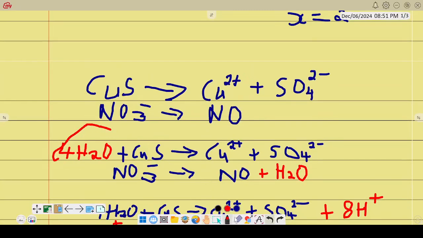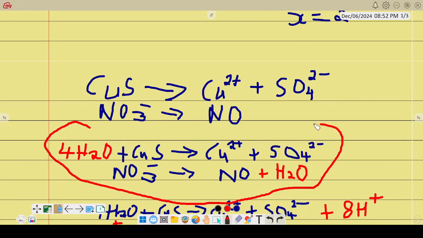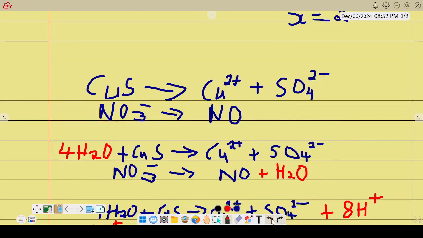So on this part, here we had 3 oxygens, and then here we had 1. So we have 3 and 1.